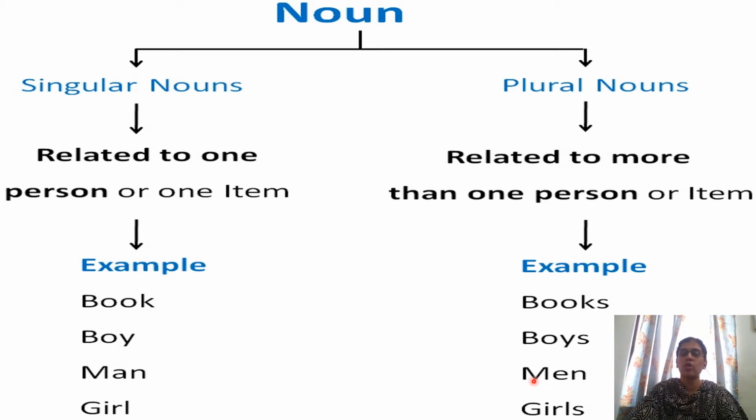So how do we know it refers to more than one? You have the letter S at the end of the word to say that these nouns represent more than one item or person. And you can see in this men, we are not using S, instead we are writing men.